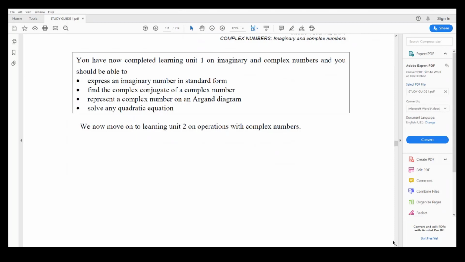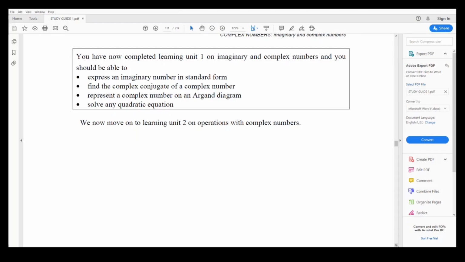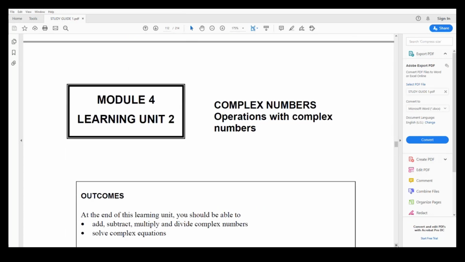Okay. So what we'll do now, we'll go on to operations with complex numbers: addition, subtraction, multiplication, etc. Later when we introduce polar form and exponential forms, you'll see that it's much easier to do operations on complex numbers using those forms.